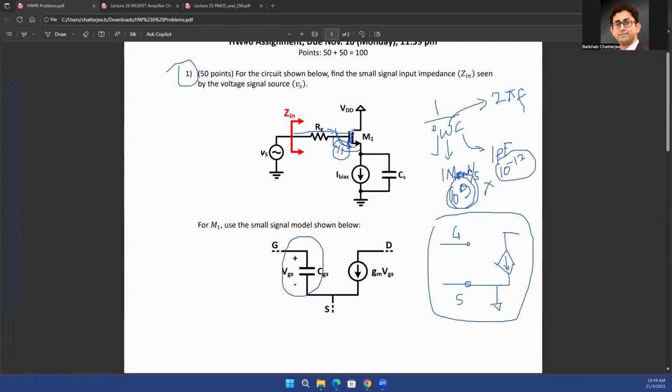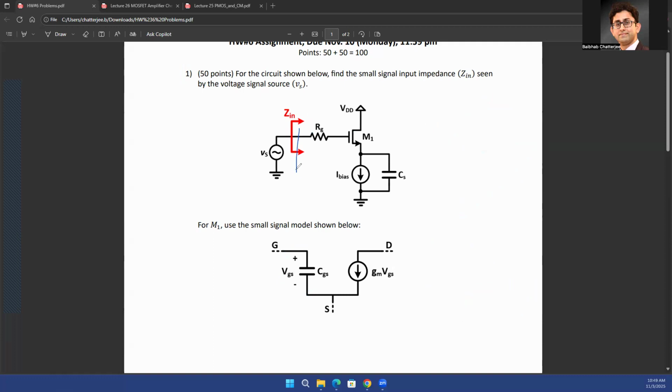Okay. So I wanted to introduce this concept through this homework, that at high enough frequencies, you might see the effect of this capacitance. What you are asked to do is find the small signal AC equivalent impedance, basically the impedance looking in here, considering a capacitance between your gate and source. The method should be very simple.